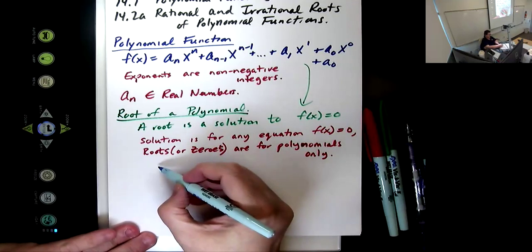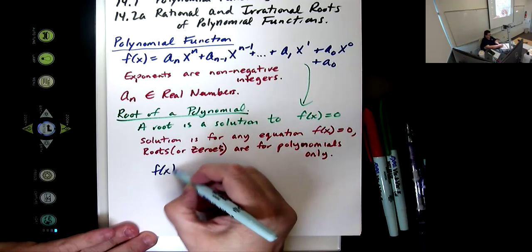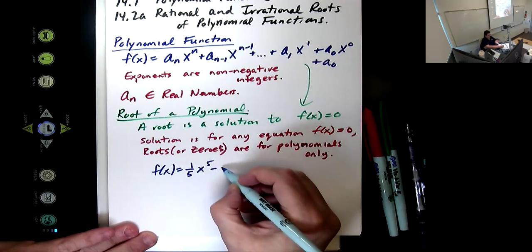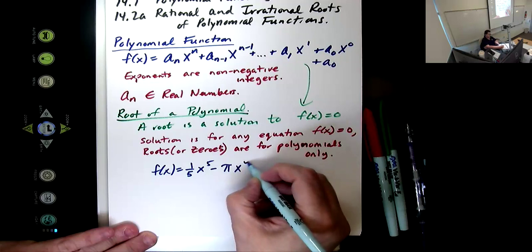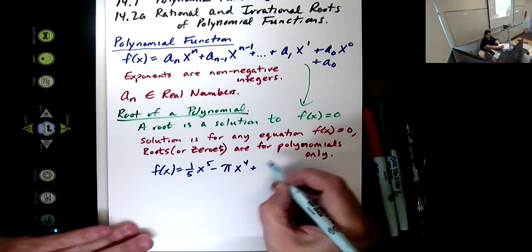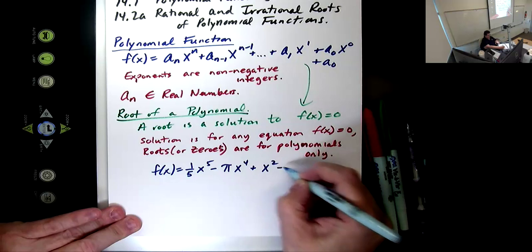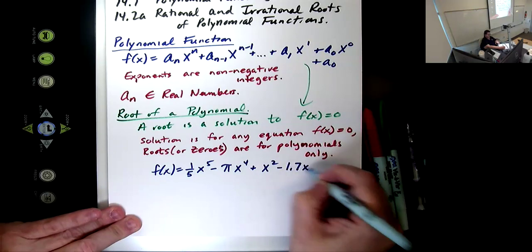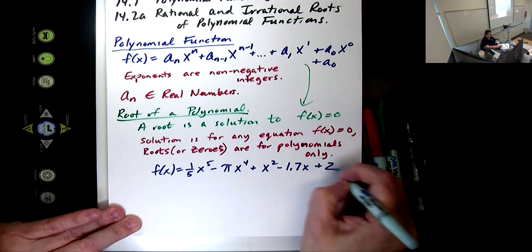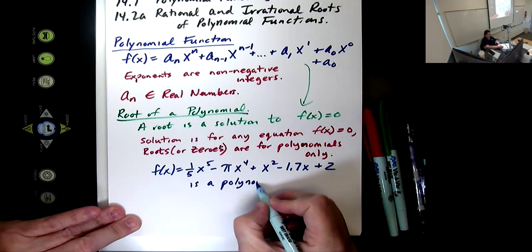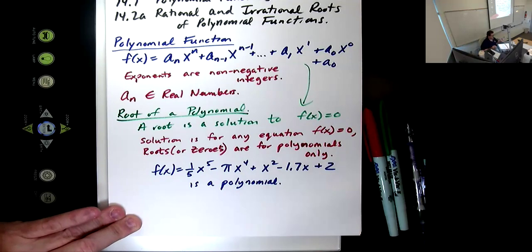So like f of x equals 1/5 x to the 5th minus pi times x to the 4th plus x squared minus 1.7x plus 2 is a polynomial. We're not going to work with anything like that because that's an ugly polynomial.